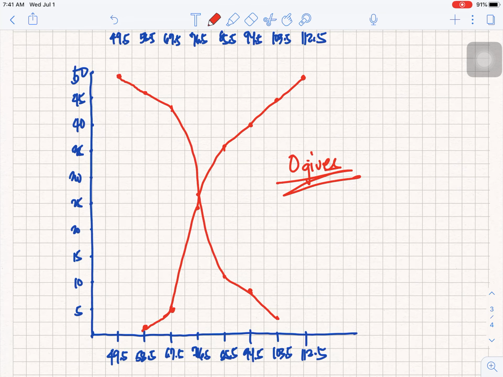Again, for the less than cumulative frequency, I use the upper class boundary, and for the greater than cumulative frequency, I use the lower class boundary. But anyways, you have a choice to use the midpoint. So that's all.